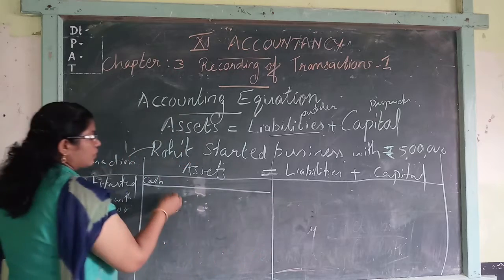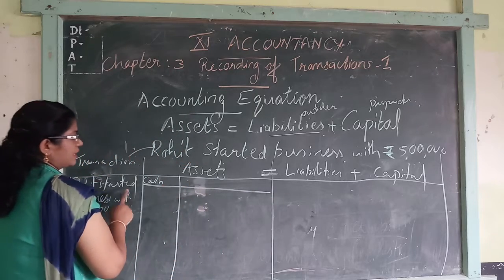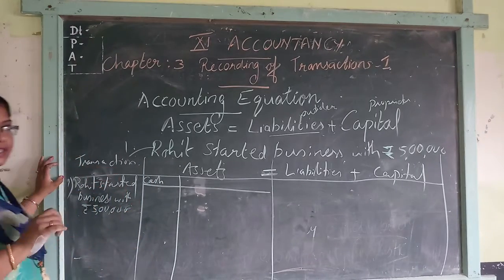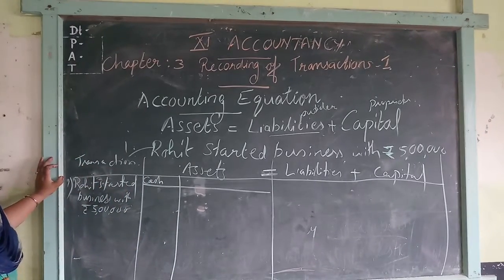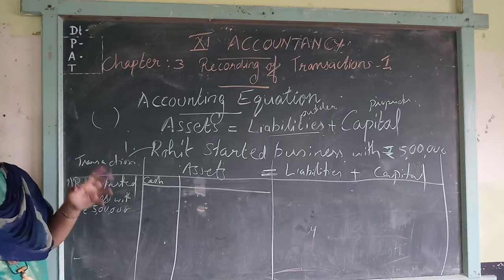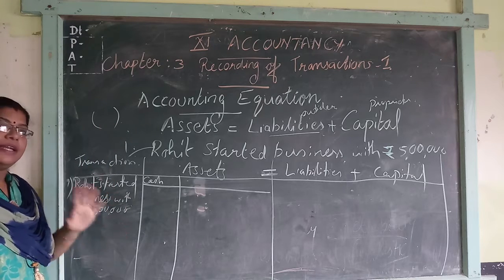Many assets will come, so we can add them one by one. Did cash increase or decrease? Cash increased in the business, so a plus sign. If it is a decrease, then a minus sign, but instead of a minus, put the amount in brackets. Brackets indicate a minus.